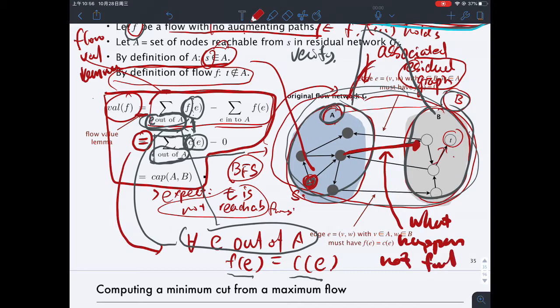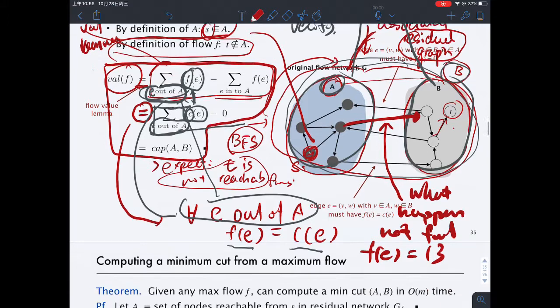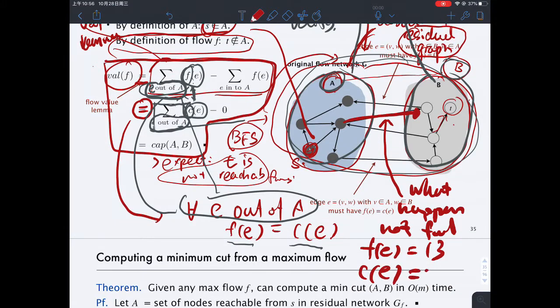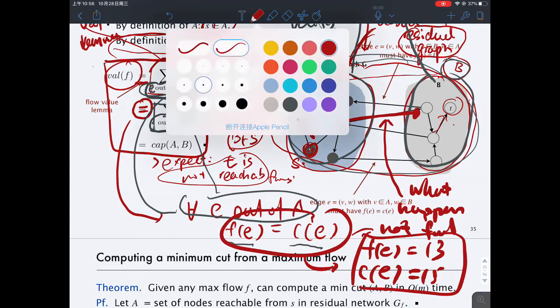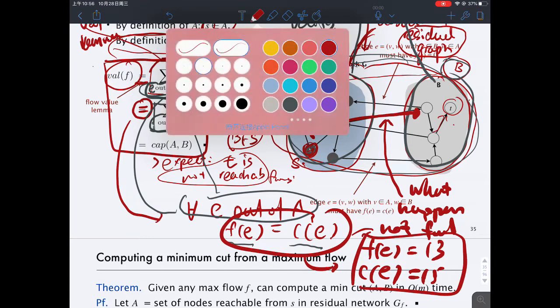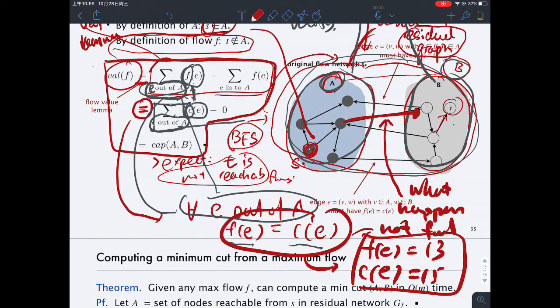Not full means that f(e) is, say, 13 and c(e) is 15. In case this is not true, then f(e) is a bit less than c(e). In case this is true, then we can see it in the residual graph.